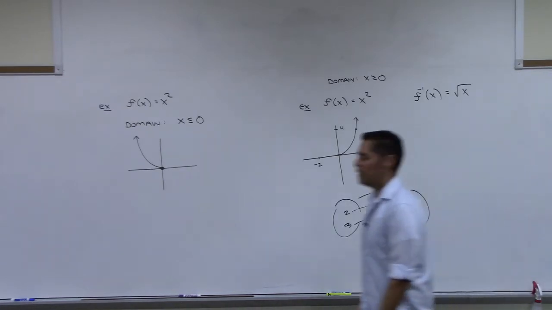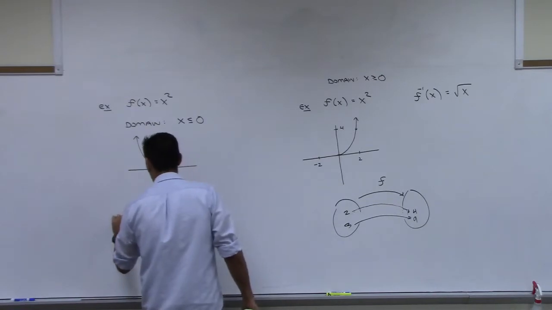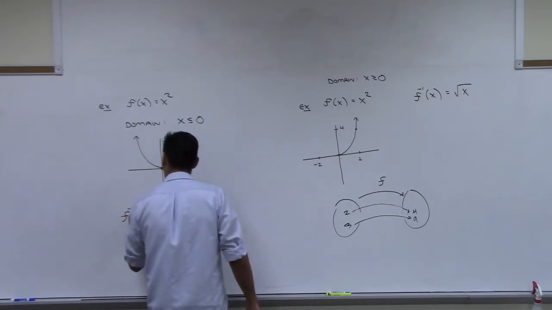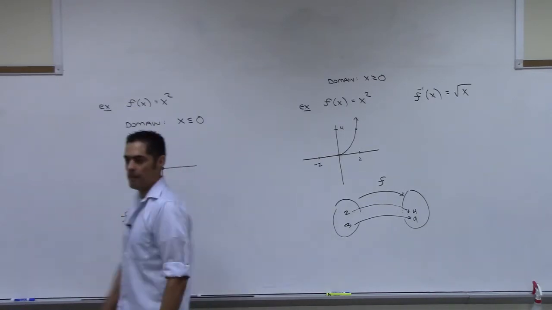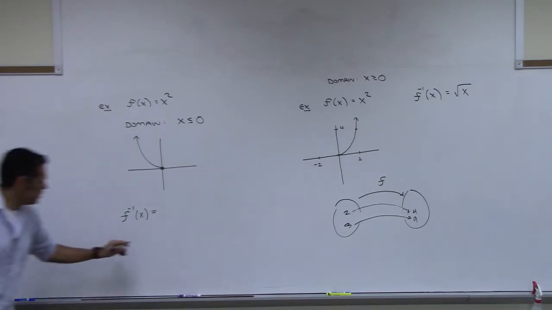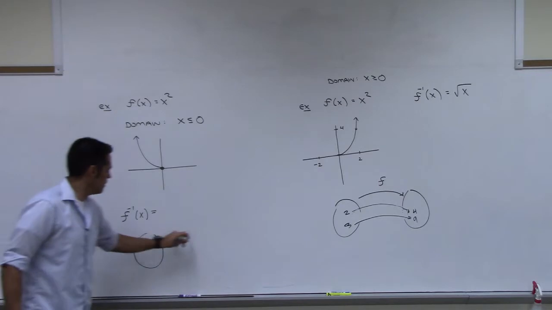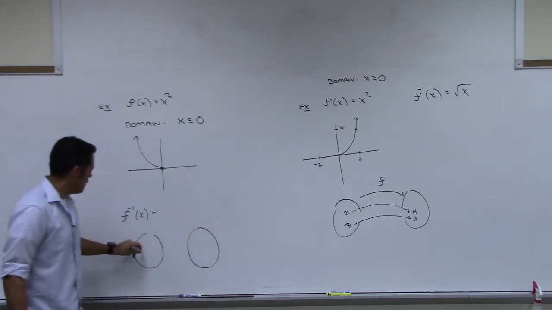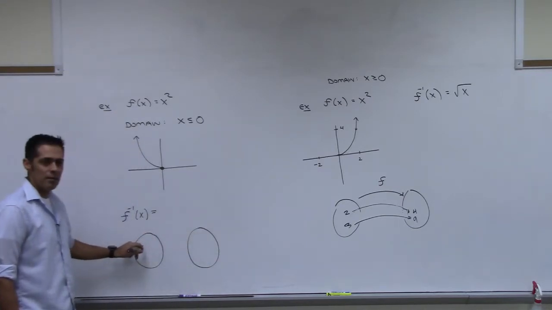How would the inverse function change, though? Because it does change. How would the inverse function change? Is it still the square root of x? Think about it. Think about it in terms of this picture. I need to plug in a value here, right?